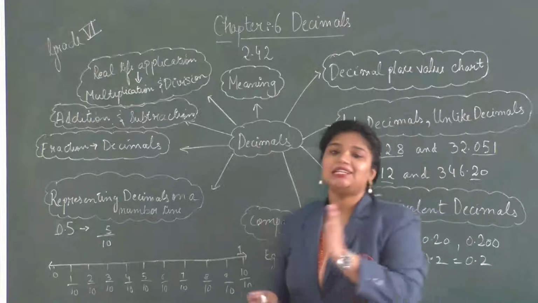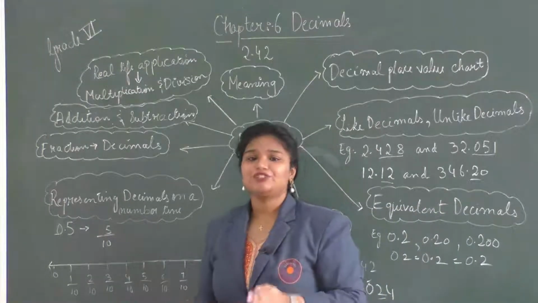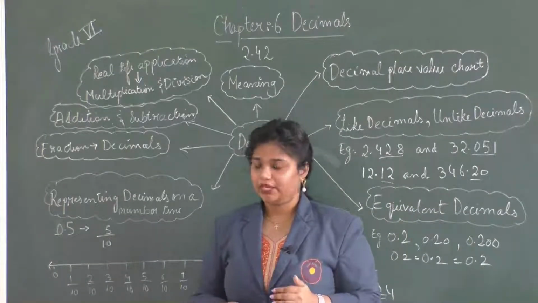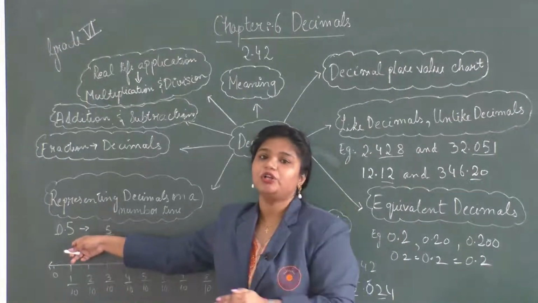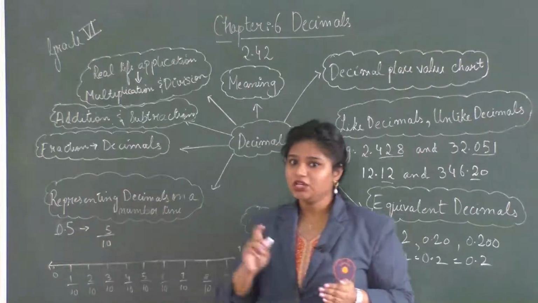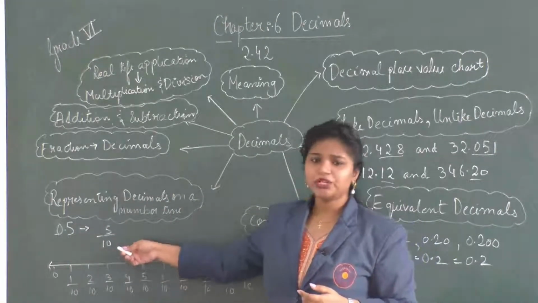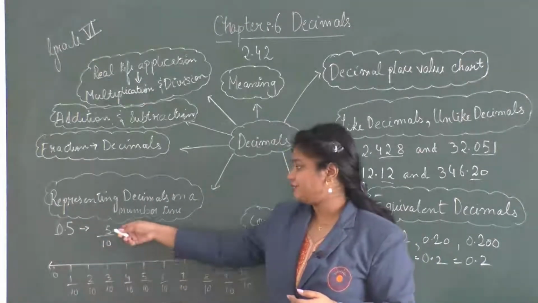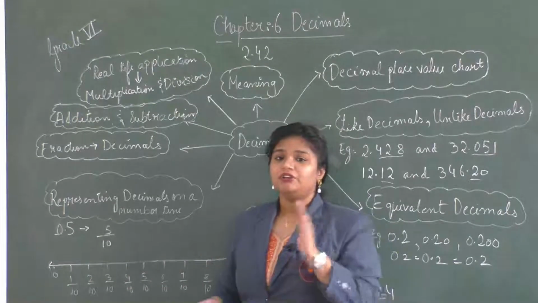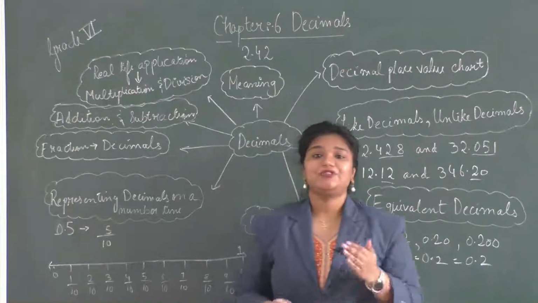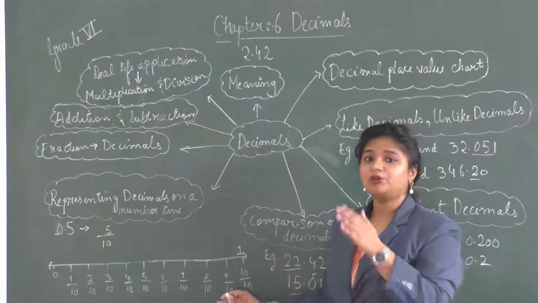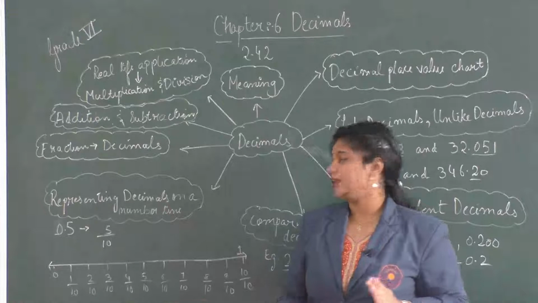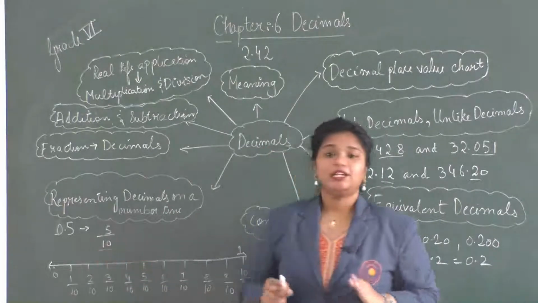Now after comparison, we learned about representing decimals on a number line. This is directly related to the topic of representation of fractions on a number line. So here we have a decimal number 0.5. You will always convert your decimal into a fraction. So we converted 0.5 as 5 by 10. Now remember how we were representing fractions on the number line. We were first making a number line. The number of divisions on the number line depended upon the denominator.